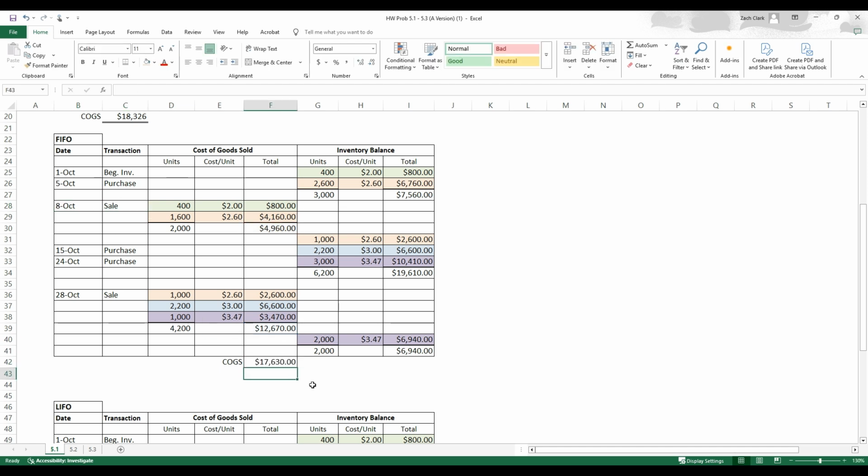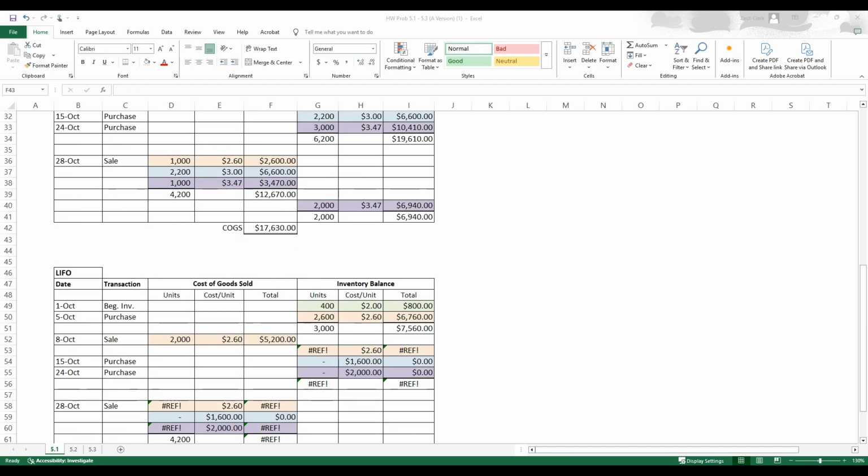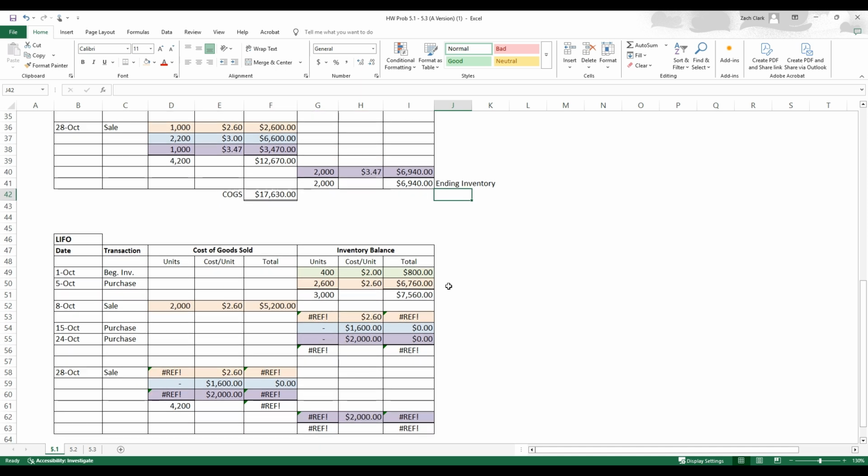The total, taking both into account, is 17,630 by adding both those, and then this is ending inventory at 6,940.